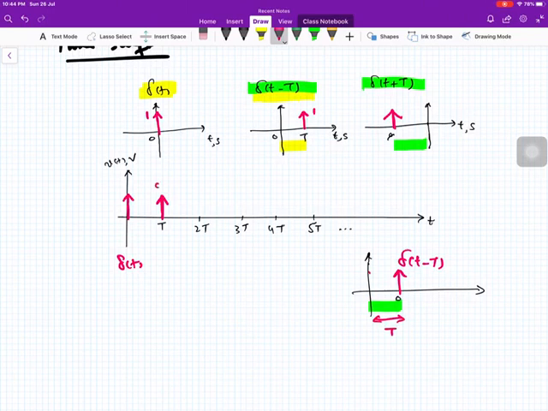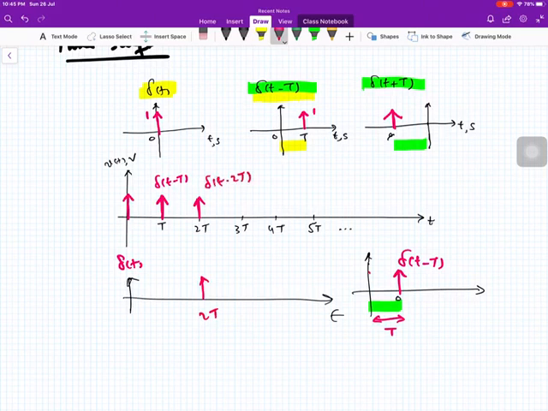Likewise, if we see only this impulse over here at 2t, this will be known as delta t minus 2t.